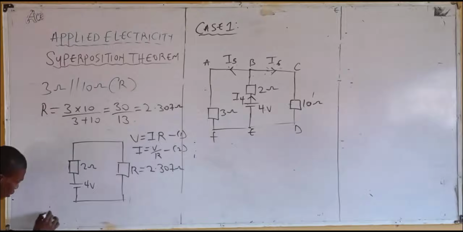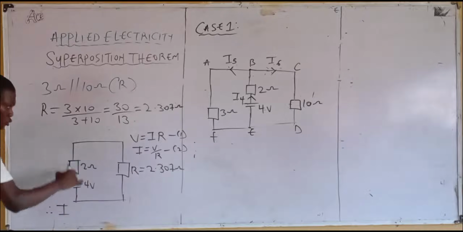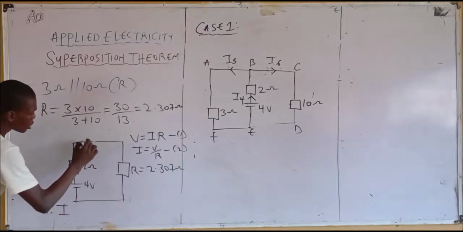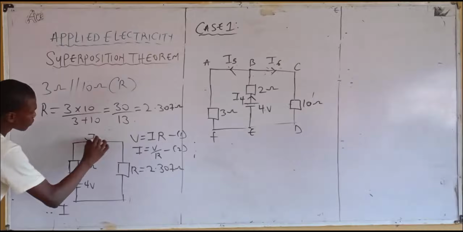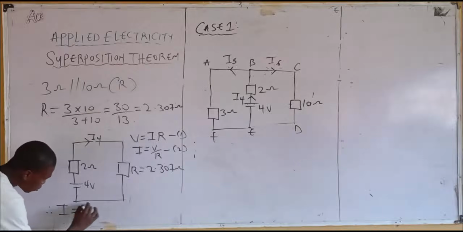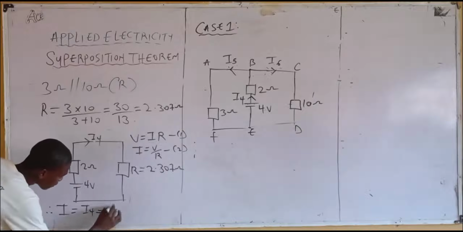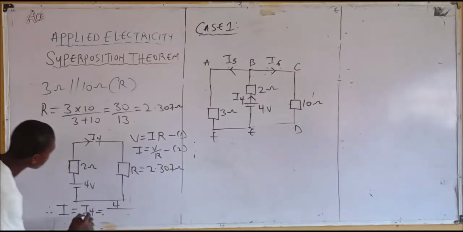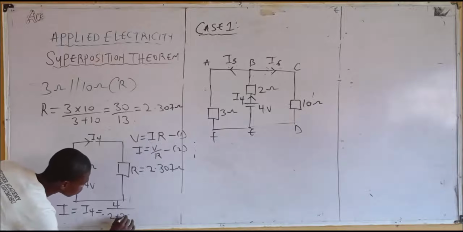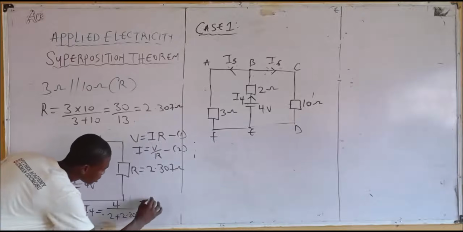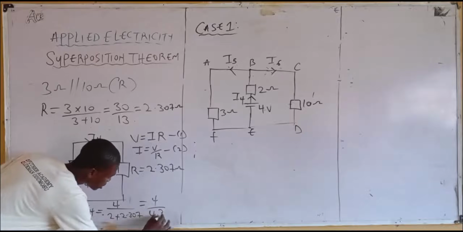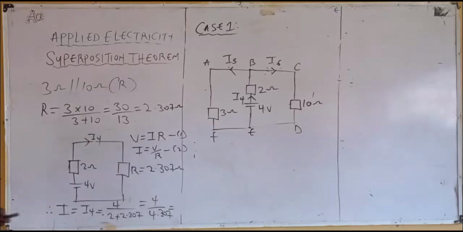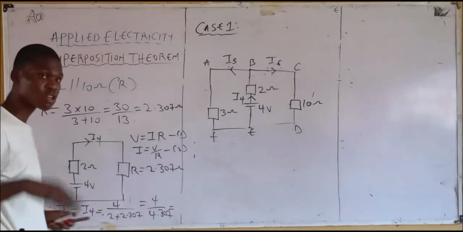So the value of current in this circuit, you can denote it I4, which equals 4 divided by 2 plus 2.307, meaning 4 over 4.307. And this equals what? 0.928. Do you approximate for me?